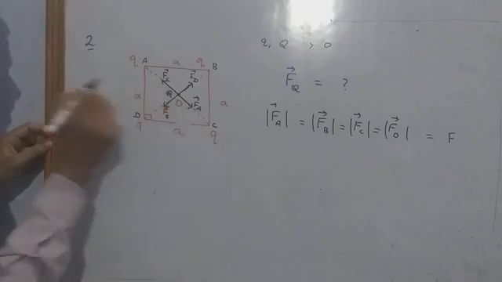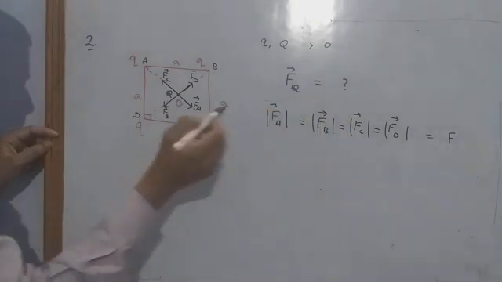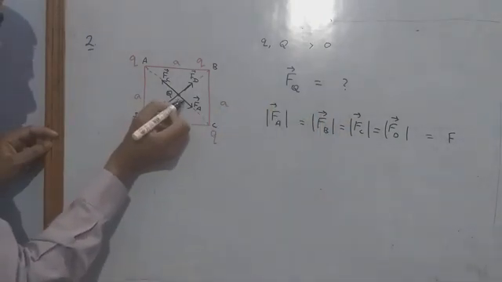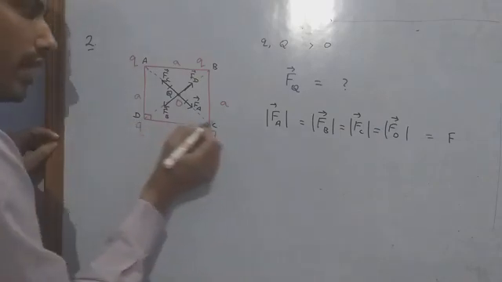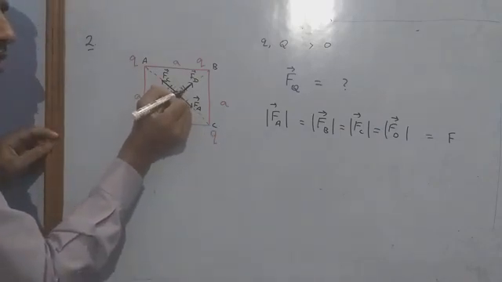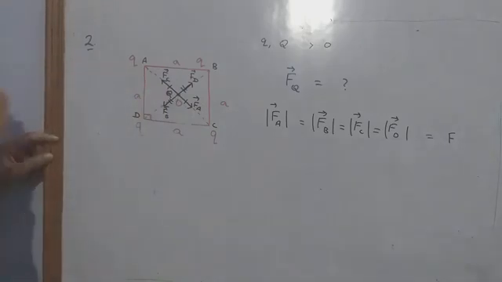Consider FC and FA. These two forces have equal magnitude and opposite direction. Therefore, they will cancel each other. Likewise, these two forces FD and FB will also cancel each other.